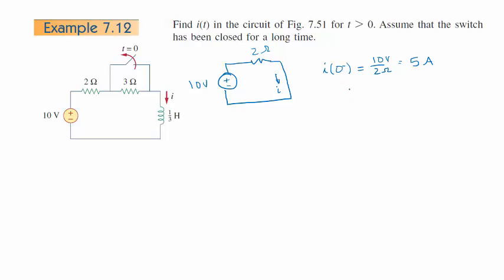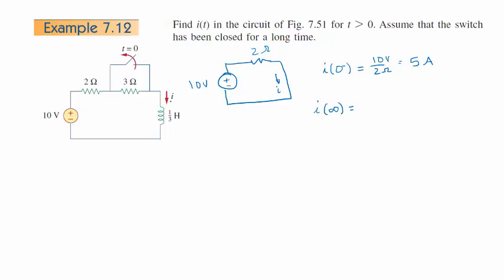So now we have the initial i, and when that switch opens and the circuit changes, this can supply something to the circuit, and the 2 ohm resistor and the 3 ohm resistor will both be in play. So we need to find now what happens at time equals infinity.